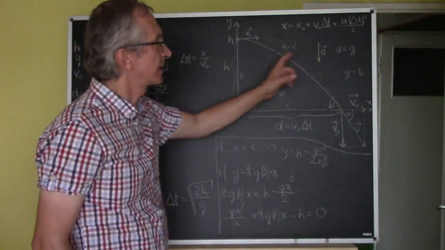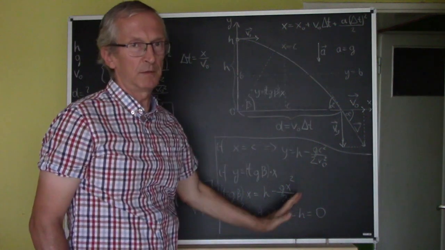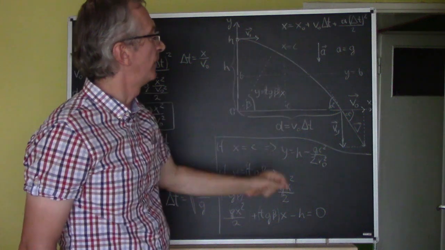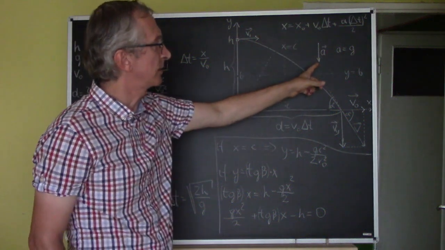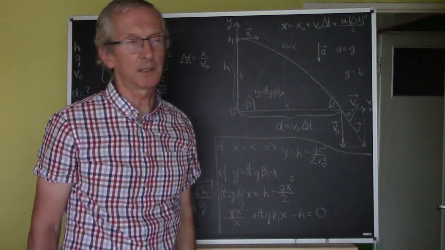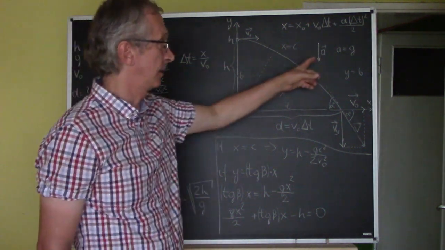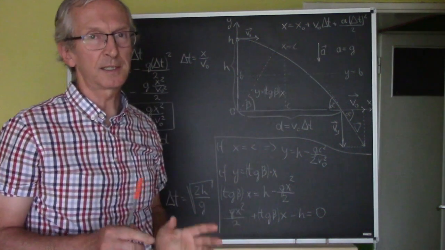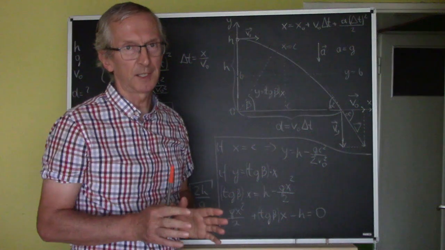And there is acceleration in the direction of the axis y, but the acceleration vector is directed opposite to the axis y, so its coordinate is equal to minus the magnitude of this vector.